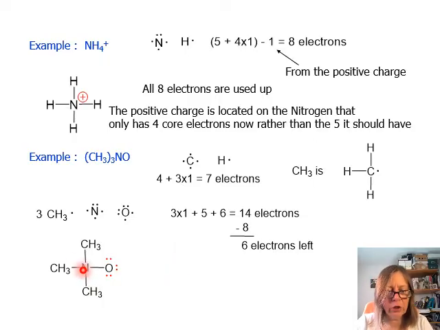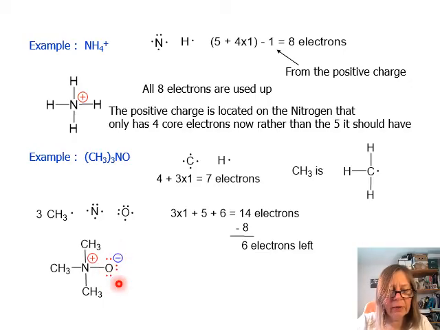Starting with the nitrogen. Nitrogen here owns 1, 2, 3, 4 electrons. So it is short 1 electron. So it's a positive charge here. Oxygen, 1, 2, 3, 4, 5, 6, 7.